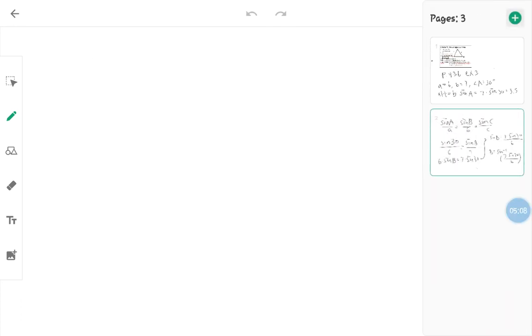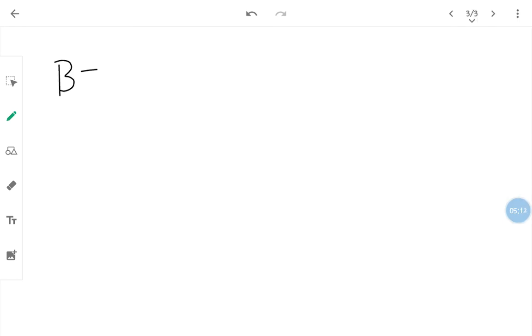Then what do we have? B is going to be 35.7 degrees. I think this is not an exact value. Let me use my calculator: sine 30 times 7 divided by 6, and I need to use arc sine.